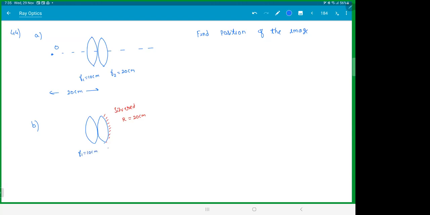F1 is 10 centimeters, F2 is 20 centimeters. The object is at 20 centimeters. Again, all are thin lenses. So basically this can be treated as a lens, and you can treat this as a mirror. So we can assume a thin air gap between the lens and that silvering.